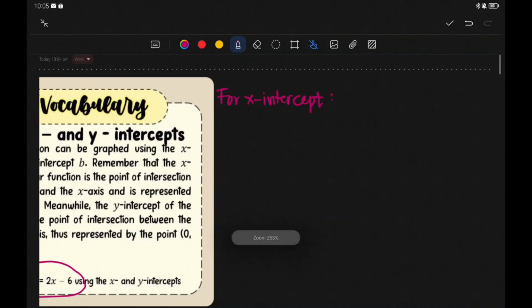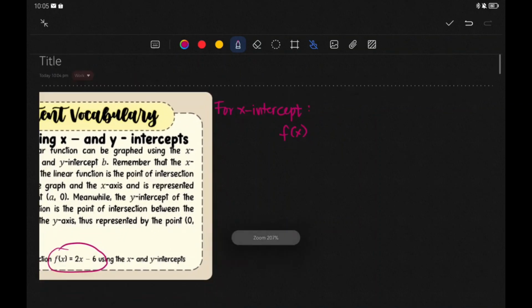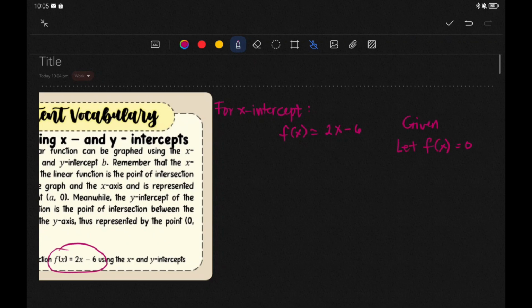For x-intercept, we are going to write the given f of x is equal to 2x minus 6. That is our given. Next, let f of x is equal to 0. So, this is 0 equals 2x minus 6.